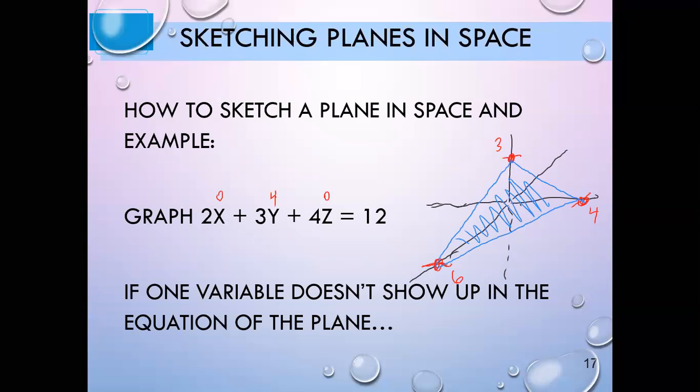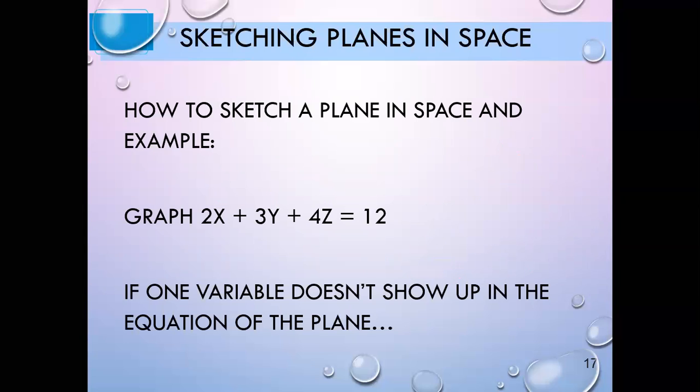If one variable doesn't show up in the equation of the plane, this is what I'm asking about here. What if one variable doesn't show up in the equation of the plane? Okay, so for instance, what if I had something like 2x plus 3y equals 6, okay? Then what?